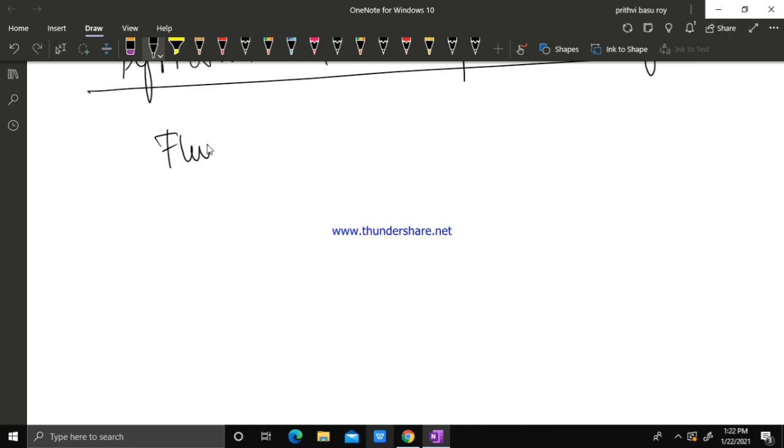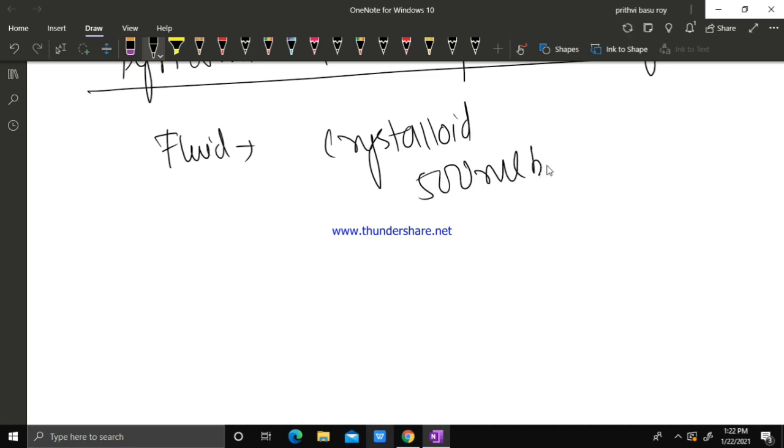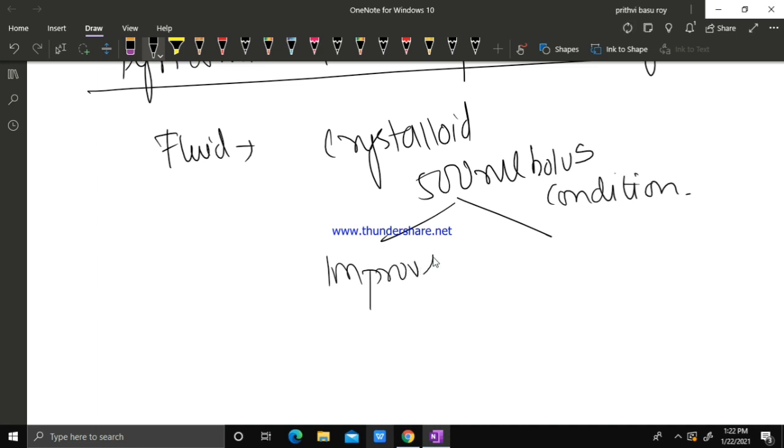Suppose you are giving fluid for correction. For damage control resuscitation, you are giving fluid. So you are giving crystalloid. First, you give a 500 ml bolus. And then you monitor the patient's condition. You see whether the patient's condition improves.